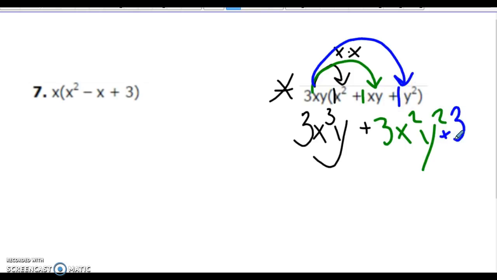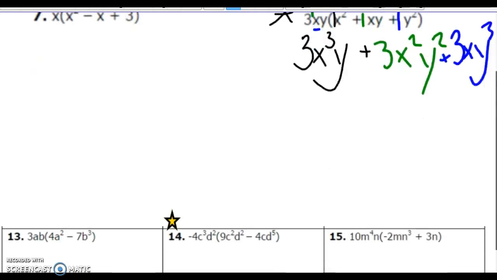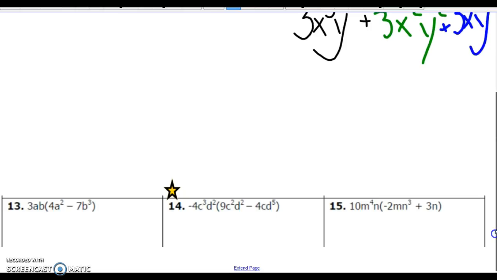Are there any x's here? Nope. So I just take that original x. And y times y squared is y to the third. Okay, that looks really wonky, but that is your solution. And so again, things are going to look wonky, and that's totally fine.